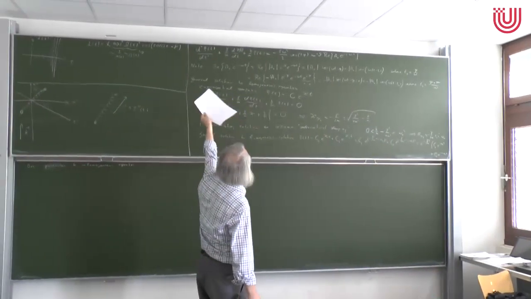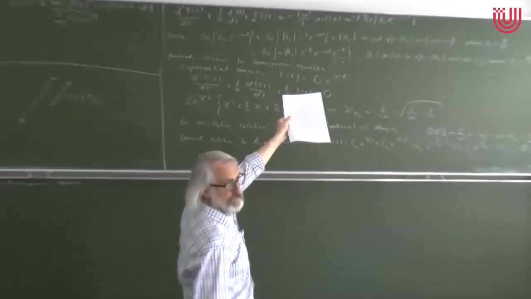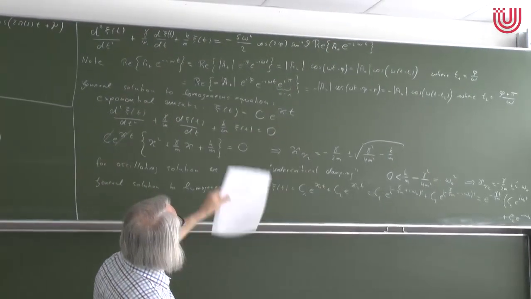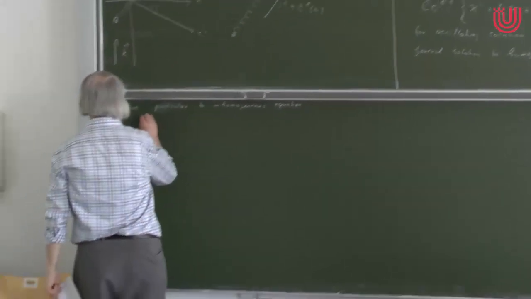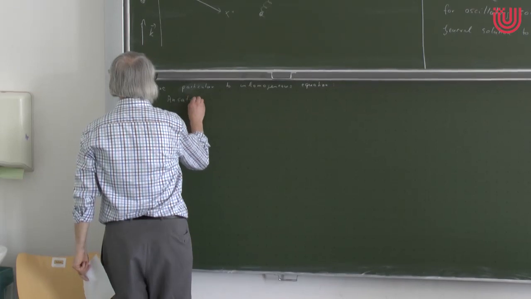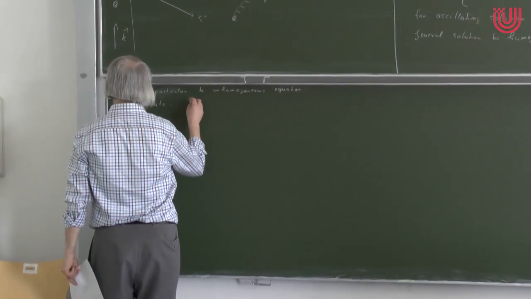I want to find one particular solution, psi of t, of the equation in the top line. On the right-hand side, I have an exponential time dependence. So it's very natural to assume that the solution also depends on time with respect to this frequency.